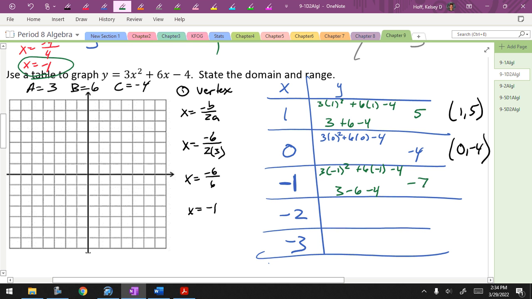I would agree with negative 7. Did you guys get negative 7? So negative 1, negative 7. Negative 4.